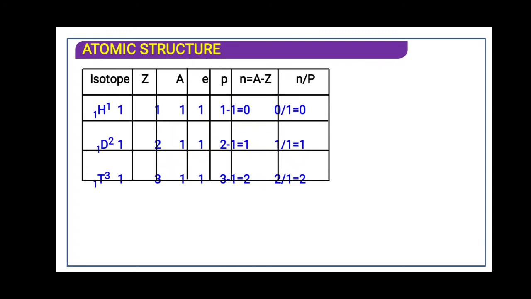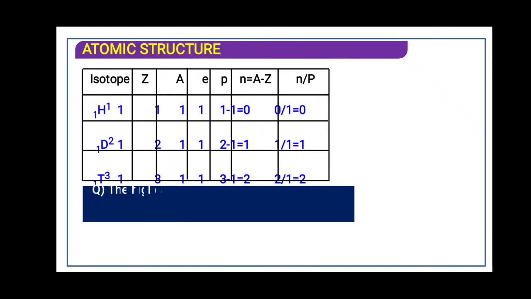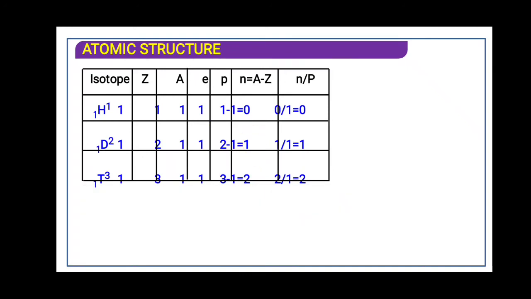Mass number 2 minus 1 gives the number of neutrons. I repeat, 2 minus 1, the proton cancels the proton and the remaining is a neutron. So the mass number subtracted by the atomic number gives the number of neutrons. 2 minus 1 is equal to 1. And for tritium, the mass number is 3, so 3 minus 1 is 2.